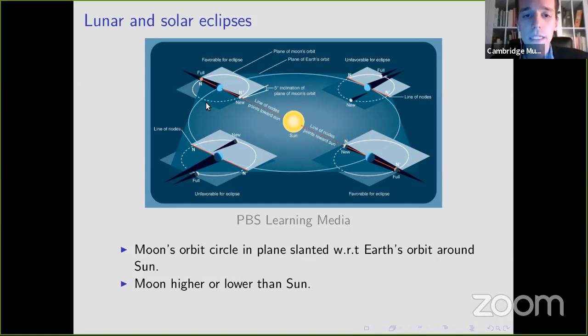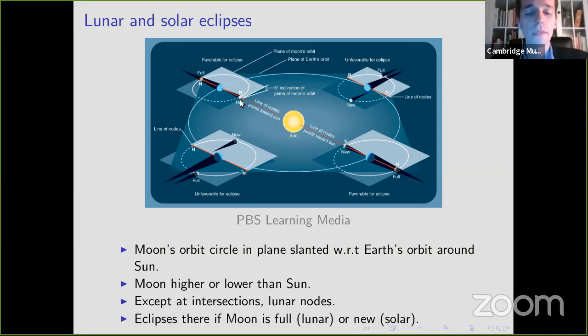So due to this slanted plane, the moon is higher or lower than the sun, except at the places where the two planes intersect. These are the lunar nodes. And since here the moon is not higher or lower than the sun, eclipses can happen.